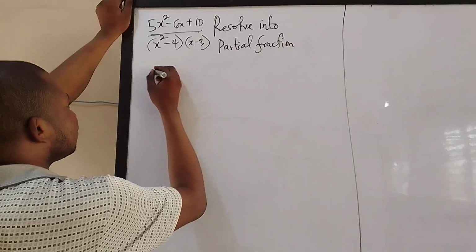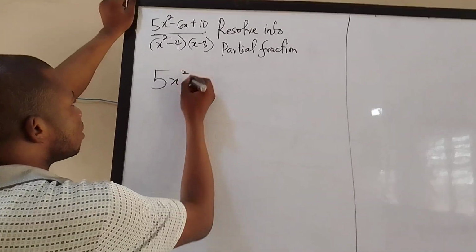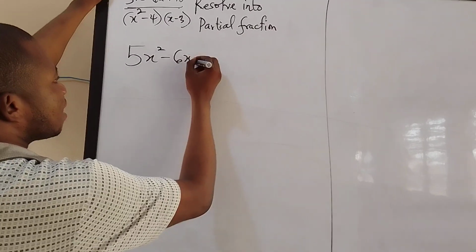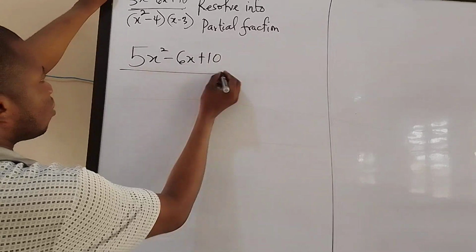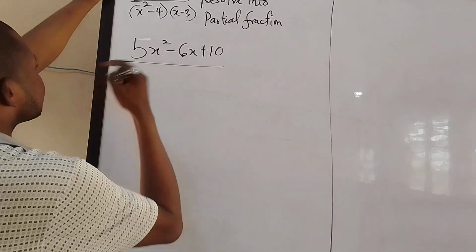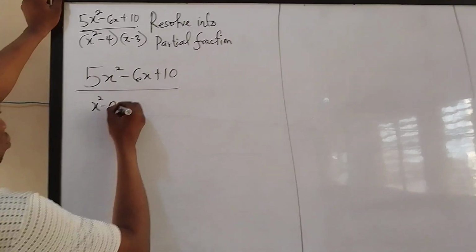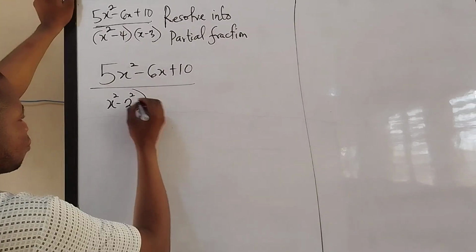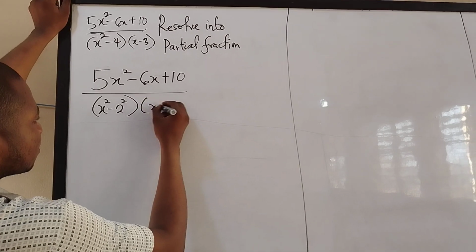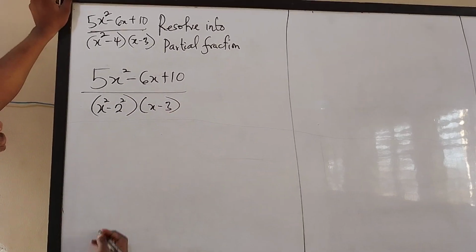Now we have 5x squared minus 6x plus 10 all over x squared minus 4, which is the same as x squared minus 2 squared. That is a difference of two squares. Then we have x minus 3. Okay?